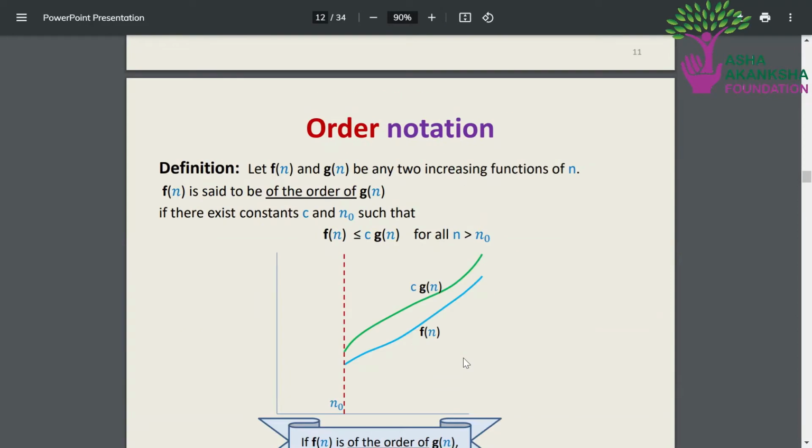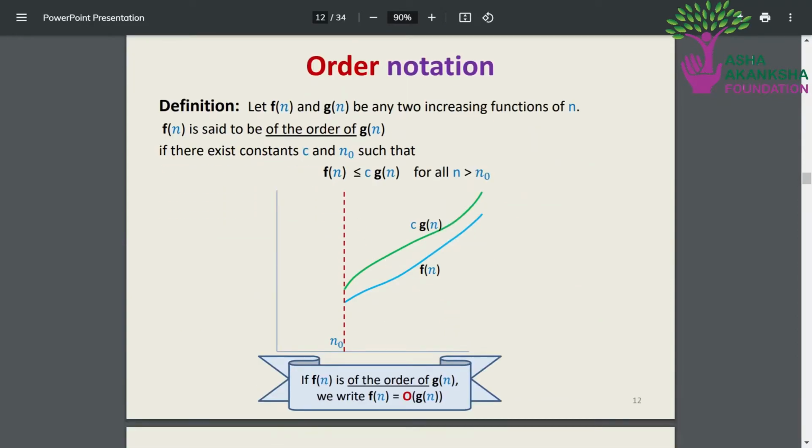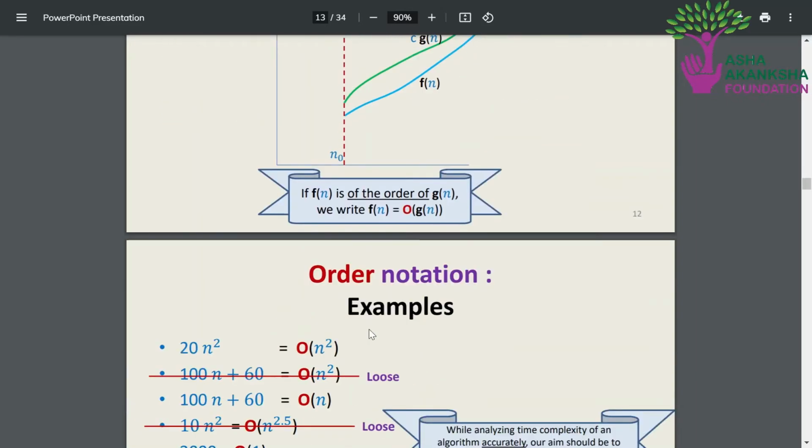This is a very mathematical definition of order notation. I don't recommend you learn through this definition, but learn it intuitively. So I will not focus much on this mathematical definition. I will skip this slide.